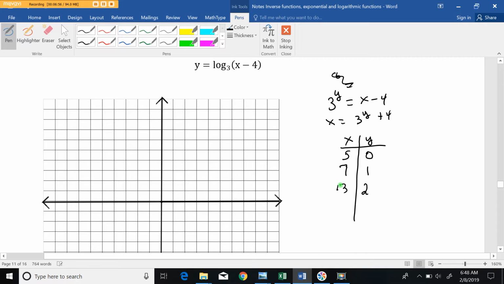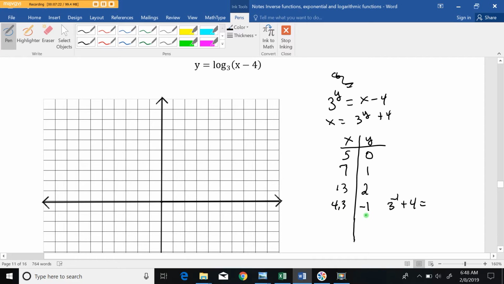Okay, these are getting too big. Let's start going the other way. Let's try y equals minus 1. 3 to the minus 1 plus 4. I'm just going to do this in decimal form here. This is basically 0.333 plus 4. That's 4.3. 4.3 is good enough, approximately.